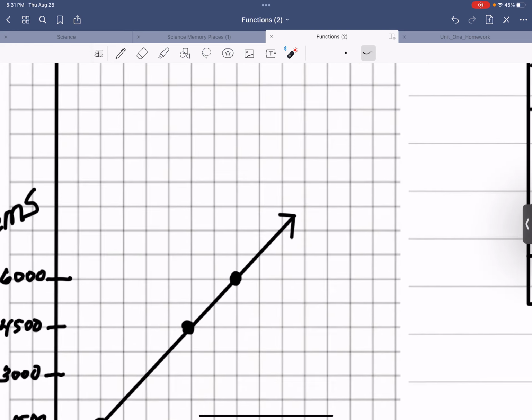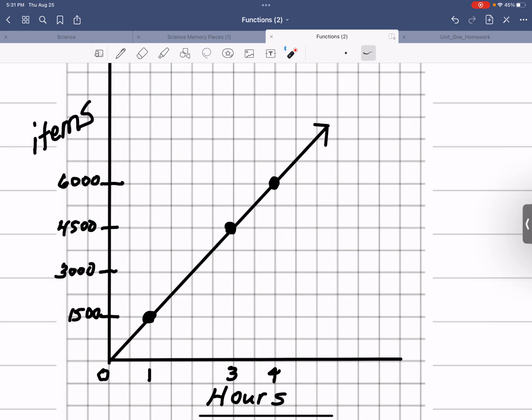Now, we can estimate the production here at 2 hours. So here's what it's telling me. In 1 hour, they produce 1,500 items. In 2 hours, they could produce about 3,000. In 3 hours, they could produce 4,500.